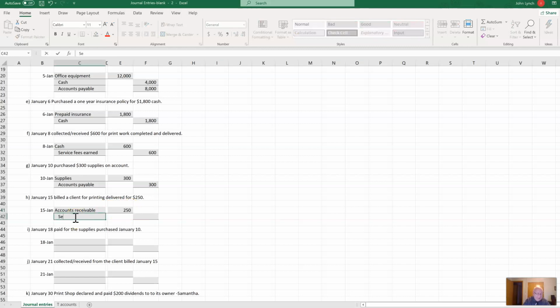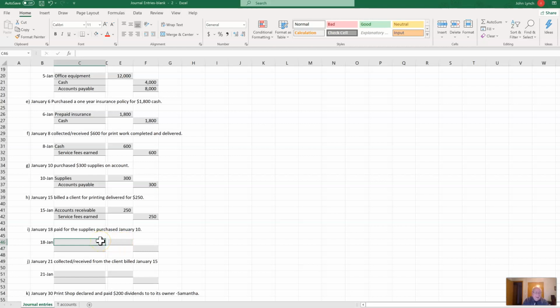And we'll credit our revenue account, which is service fees earned, by $250. Okay, again, we increased the accounts receivable, which is an asset, so that's a debit, and we increased our revenue account, service fees earned, so that's going to be the credit.